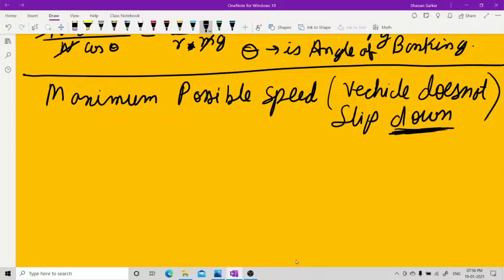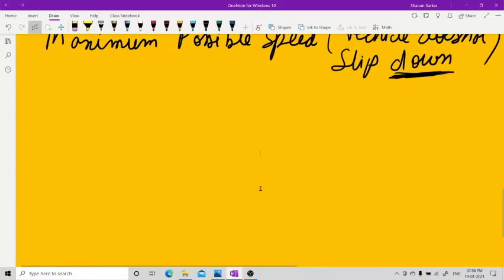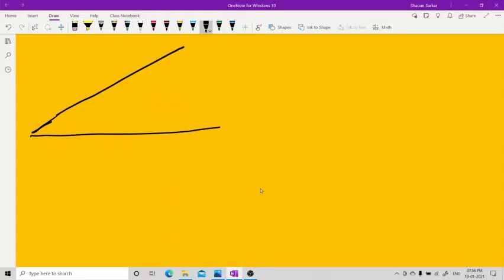Now what I'll do is that I'll make a figure for you all. Wait, let me hide this. I don't need it anymore. Now let me draw the figure very, very neatly so that you understand. Let me make it big for you. This is theta, angle of banking, whatever you want to call it. This is your body. This is your mg part. This is your theta.